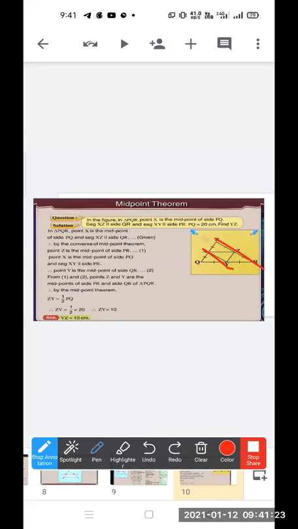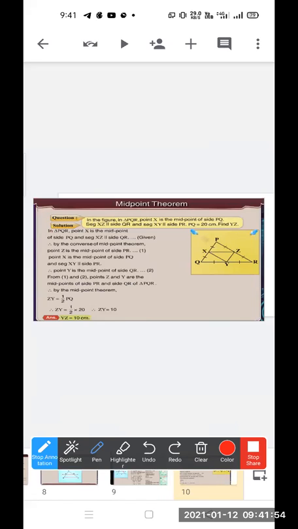Now point Y is the midpoint of QR, since it is parallel. From 1 and 2, what will we get? Point Z and point Y are the midpoints of segments PR and QR of triangle PQR.